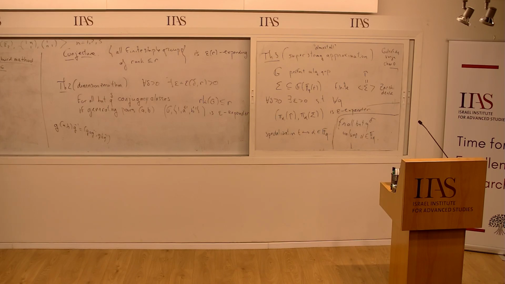It requires three things. It's actually a general method that allows you to get spectral gaps, to prove the expander property for an arbitrary Cayley graph of a finite group. But it requires certain conditions on a Cayley graph, so on the group.